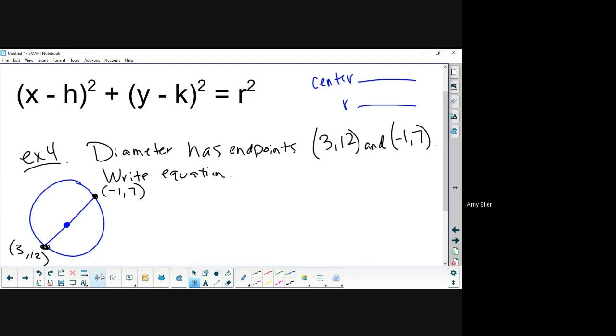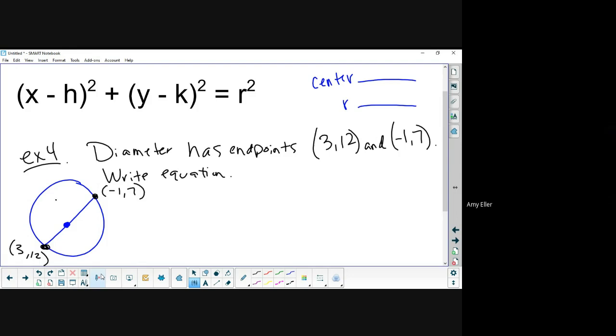Let's look at our sketch here. Is this the center of the circle? No. Is this the center of the circle? Are any of these numbers my radius? No. Can I use those points to find the center? Yeah. My picture shows me that the center is the exact middle of those points.